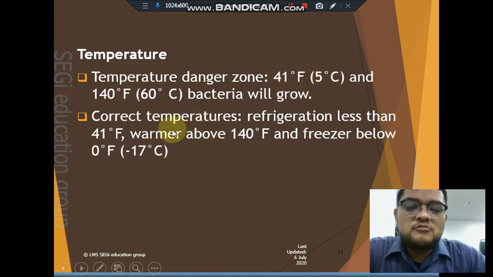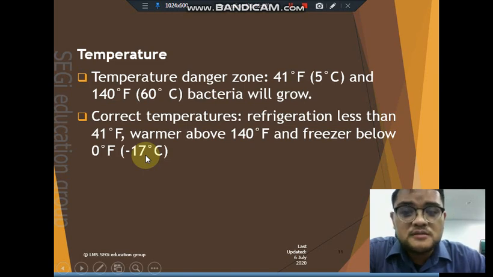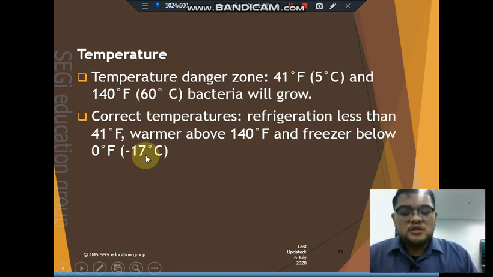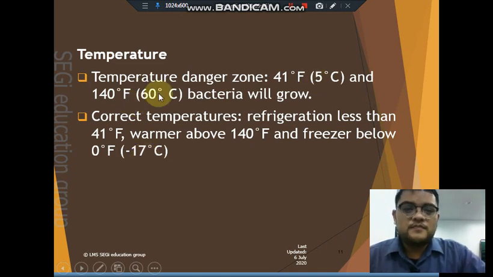And if you learn also, freezer temperature is 0 to -17 or -18. It will last for a longer time, especially meat. So we need to keep food at temperatures outside of this range, 5 to 60, because if you put any food between 5 and 60, it will spoil very rapidly.